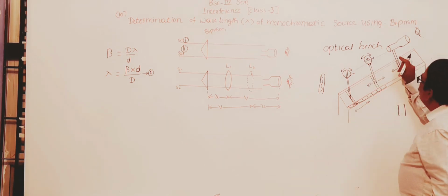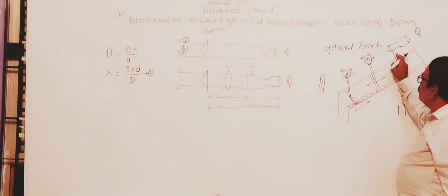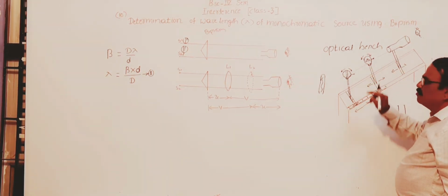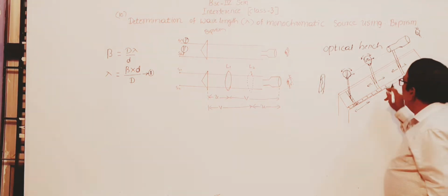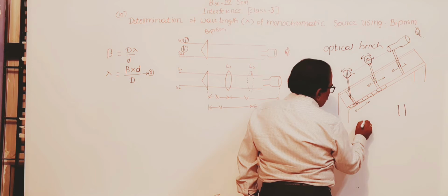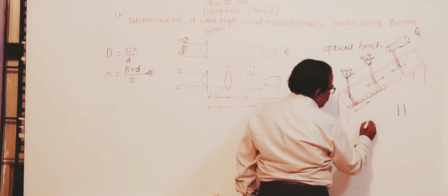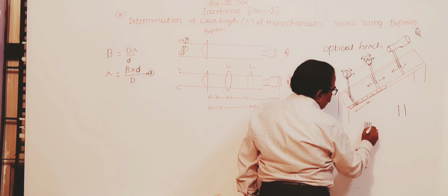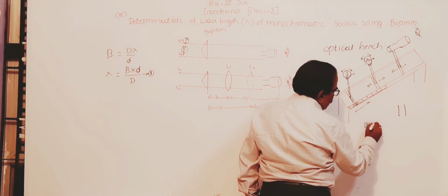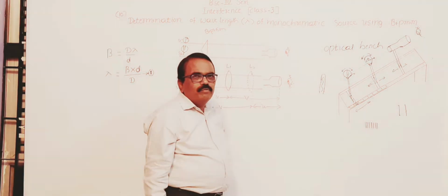Then go on moving this eyepiece slowly towards this biprism. At a particular position of the eyepiece, you are going to observe the fringes.